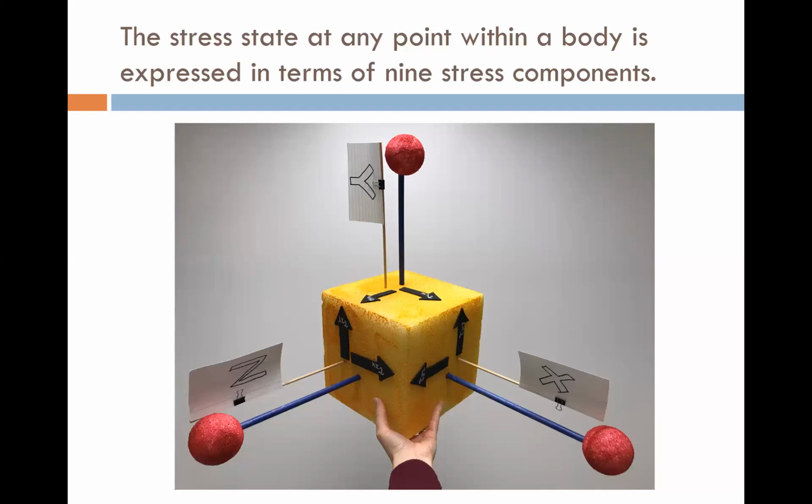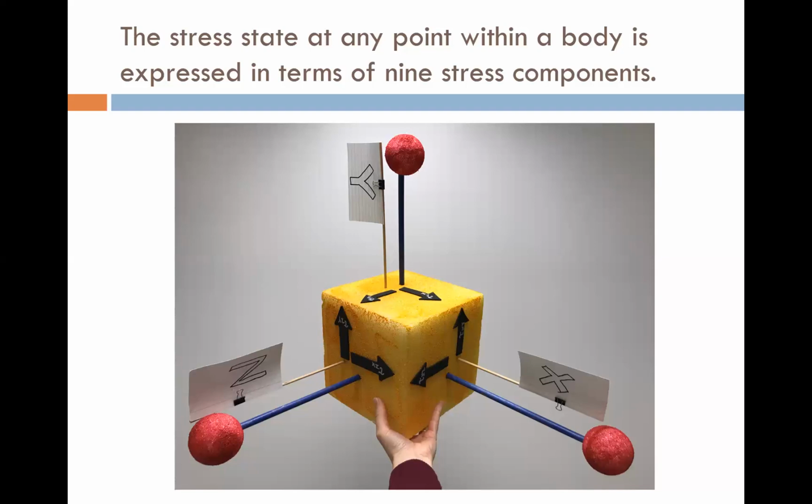The stress state at any point within the body is expressed in terms of 9 different stress components. So I want you to understand that the stress state is an overarching experience of this material, but we express what the material is feeling in terms of 9 individual stress components.